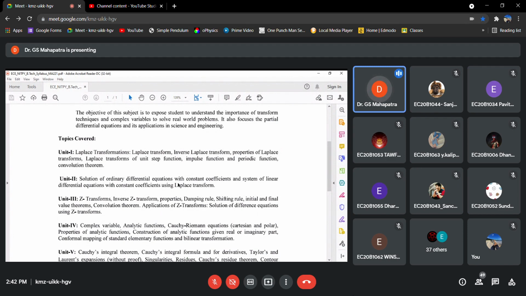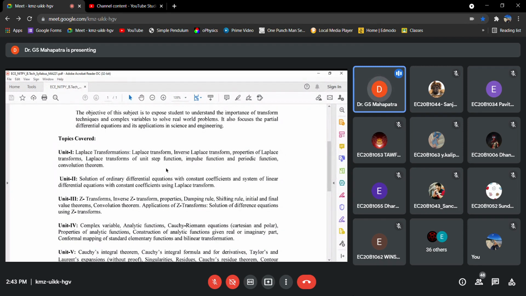Next, unit 2. Unit 2 is the applications of Laplace transform. Basically, unit 1 is the definitions, properties, and Laplace transforms of different functions. An additional part is the convolution theorem: for the product or arithmetic operations of two functions, what will be the Laplace transform of that function?